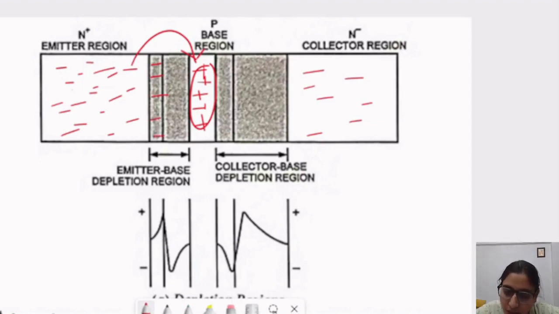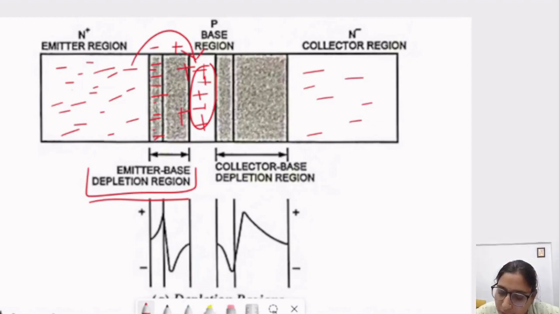Due to this accumulation, a positive charge is here and a negative charge is accumulated in this region. Due to these negative and positive charges, a potential barrier will be created, which is nothing but the emitter-base depletion region, which we already studied in our PN junction topic. So, our depletion region will generate here due to this potential barrier, which is due to the diffusion of electrons towards the holes.